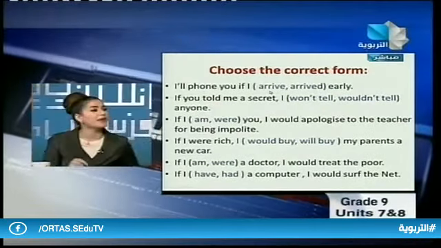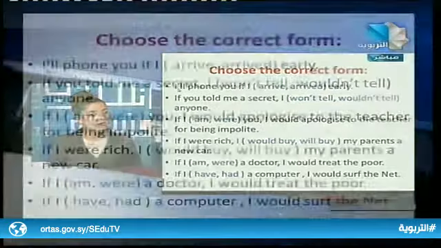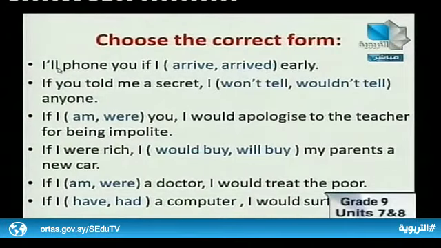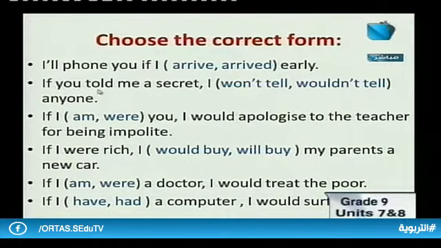Because we have will at the beginning of the sentence. That's why we have to choose it. It is type 1. Example number 2. If you told me a secret, I wouldn't tell or won't tell anyone. So we have will plus infinitive or would plus infinitive.